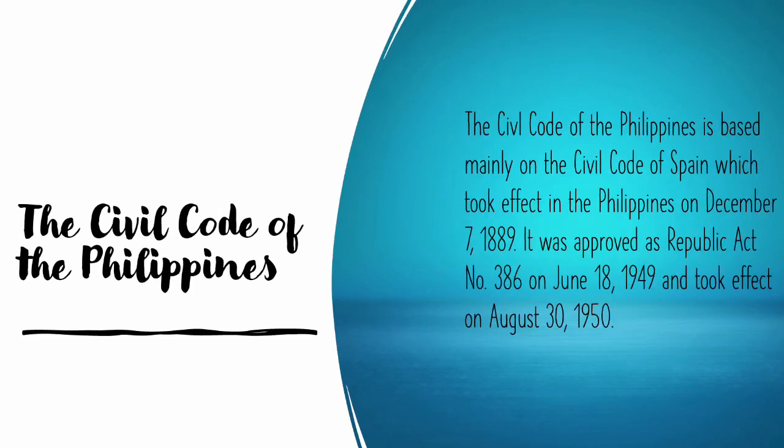The Civil Code of the Philippines is based mainly on the Civil Code of Spain, which took effect in the Philippines on December 7, 1889. It was approved as Republic Act number 386 on June 18, 1949 and took effect on August 30, 1950.